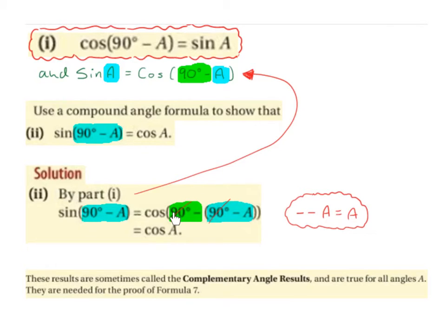And that will cancel out with a positive 90. And then minus A gives us positive A. So we end up with cos of A. And cos of A is what we were asked to show.